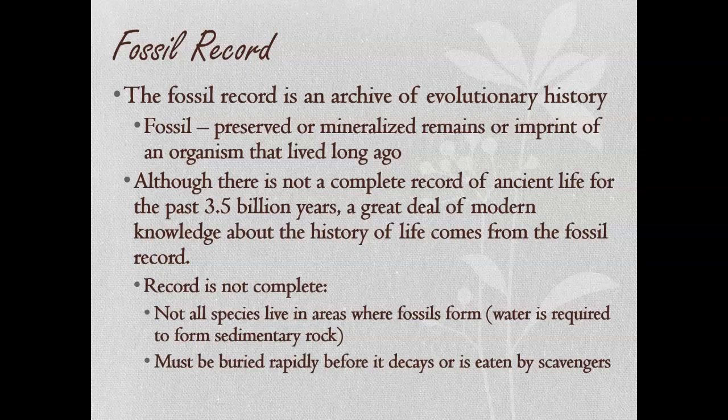Now, not only do they need to be where water is abundant and flowing enough to have that sediment exist in the first place, but that organism also has to get buried quick enough before it completely decays, or even more likely that it just gets scattered, its body gets scattered by scavengers.